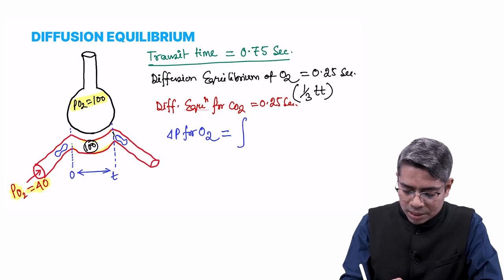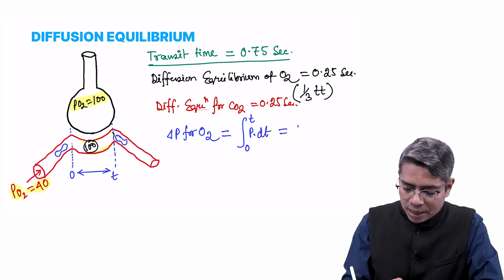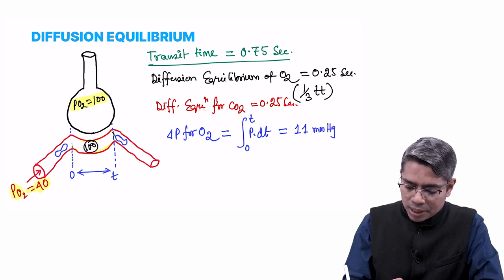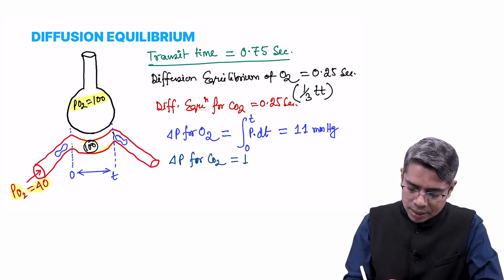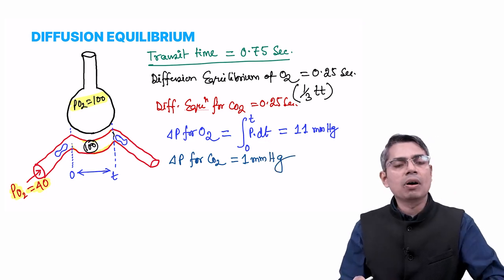take help of the integration. So from 0 to t time point, what is the partial pressure difference? And if you calculate this, it will be 11 millimeter of mercury. And in the same way, if you calculate the delta P for carbon dioxide, again you have to take this integration, and by taking this integration, it will be 1 millimeter of mercury.